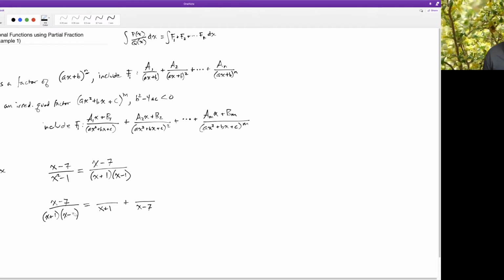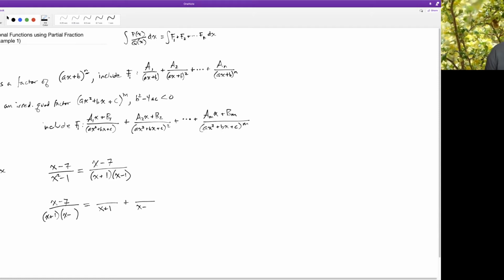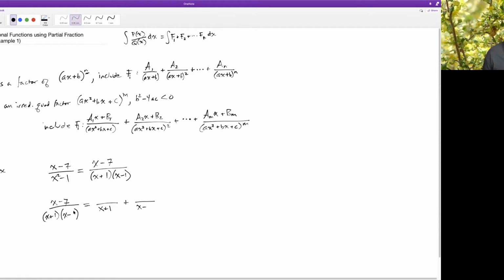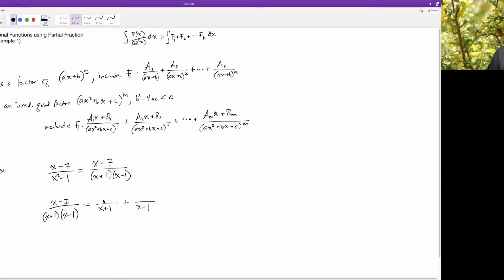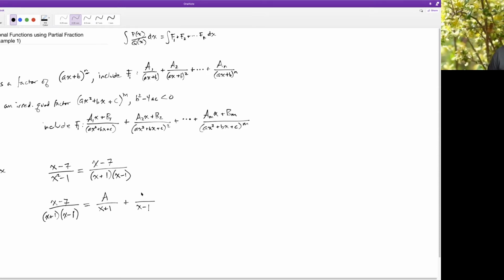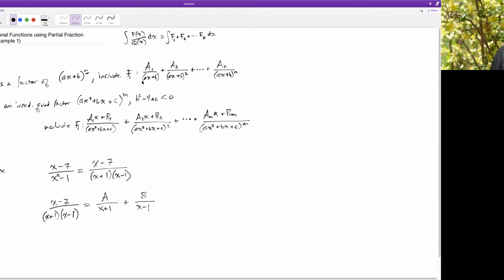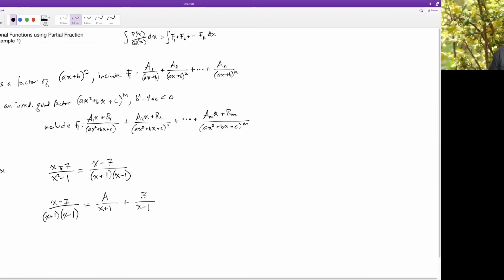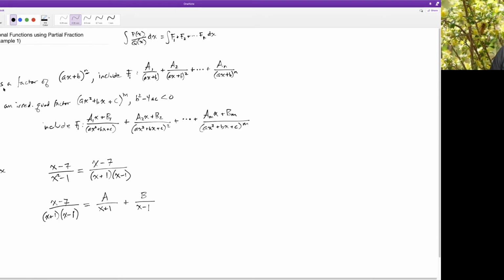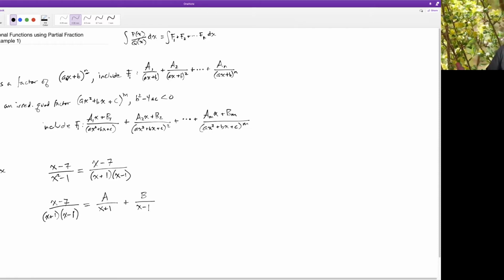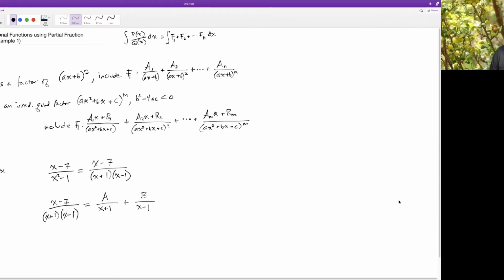That's not how you factor that. All right, sorry about that. That's a 1, that's a 1. And then each of them should have a constant on top. I'm just going to call them A and B, right? So I'm using this rule for each of the factors, right? The rule is if q has a factor of this, and we have one of each, so I'm going to use the rule for each of them.